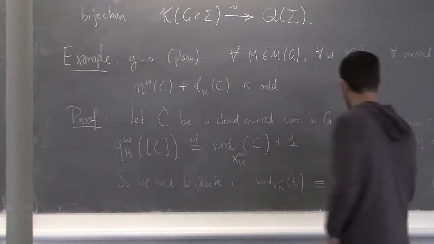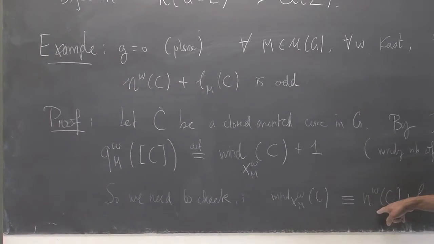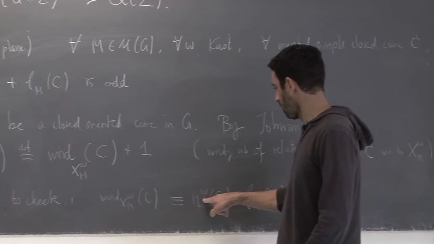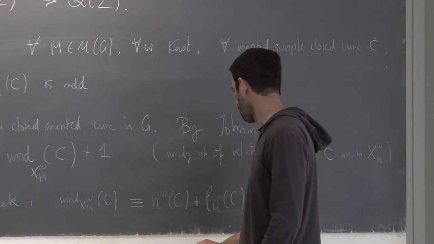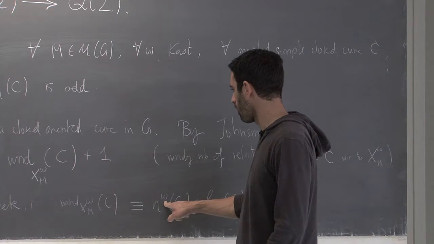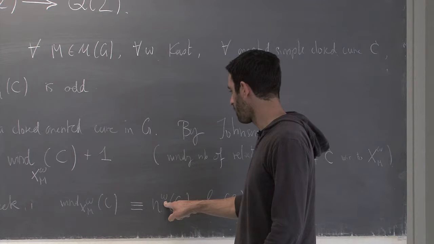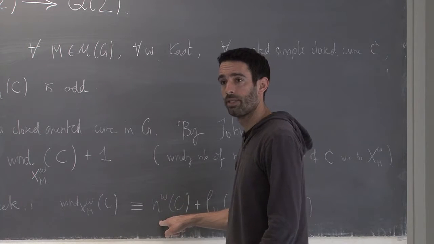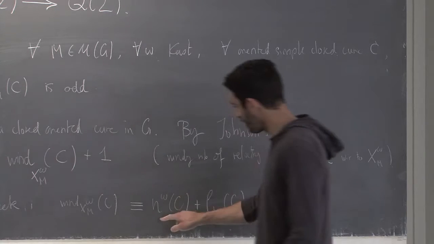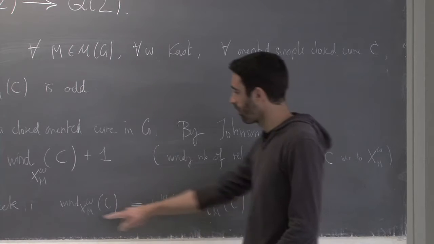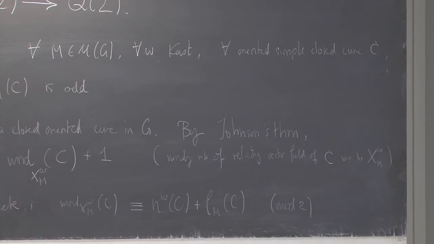The first thing you check is that if you invert omega on one edge, then the parity of both of these will change. It's, of course, true for this number here, and for this, you have to check. But it works.